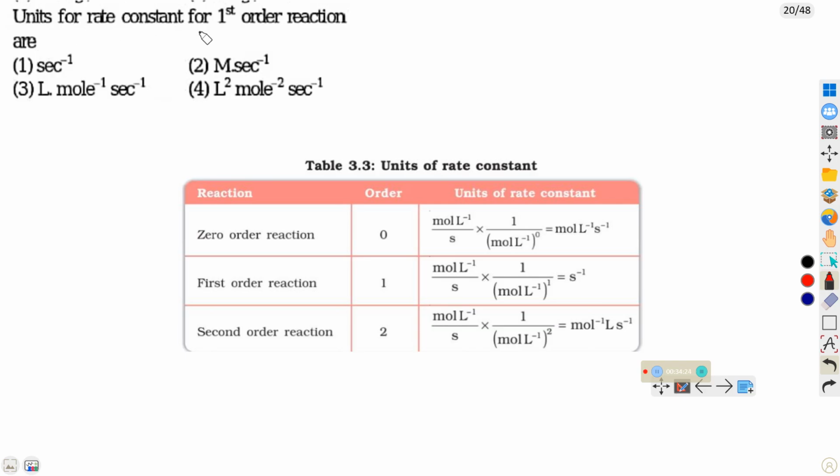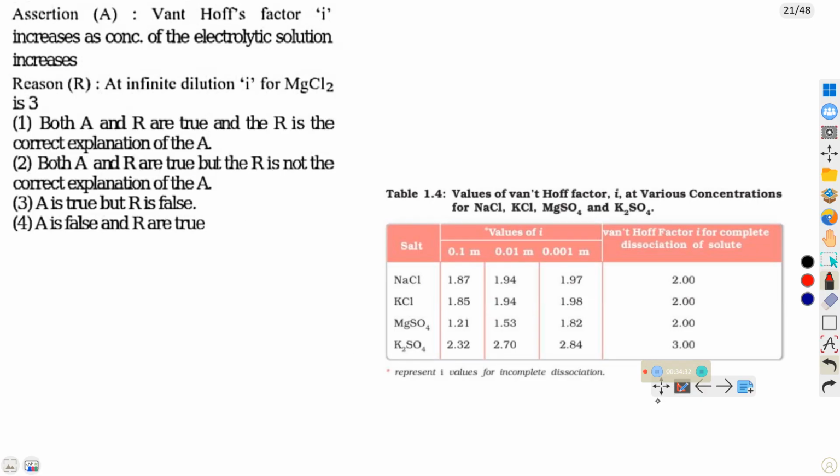Unit of rate constant for a first order reaction: for a first order reaction, the unit is second inverse. Assertion: Van 't Hoff factor i increases as concentration of electrolytic solution increases.